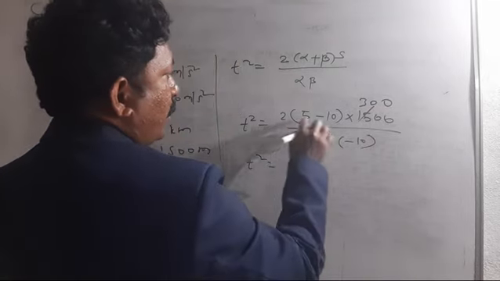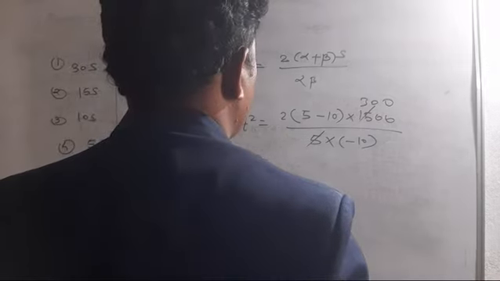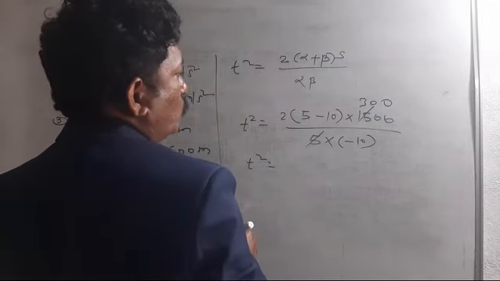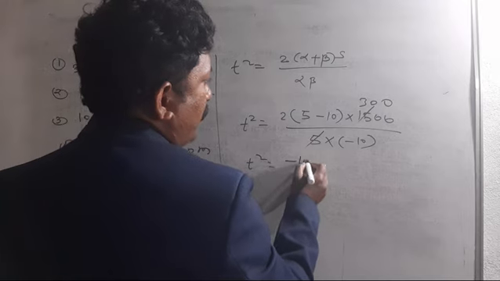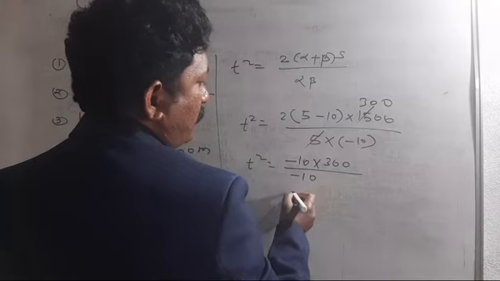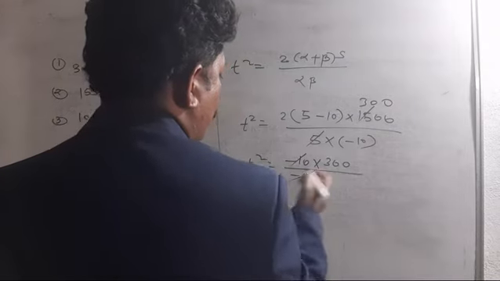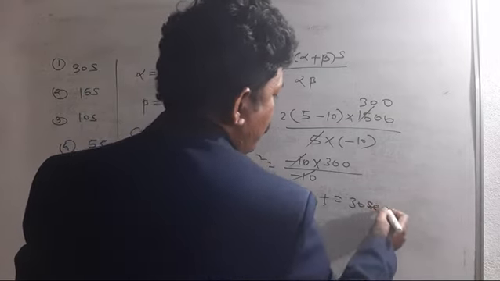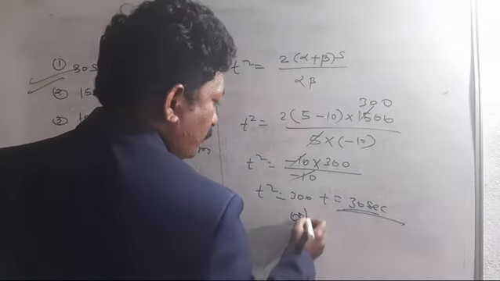This is 10 minus 20, 10 minus 20 is nothing but minus 10, into 300 divided by minus 10, that is minus gets cancelled. So t square is equal to 300, that t is equal to 30 seconds. This is the answer and this answer is correct, match to option number 1.